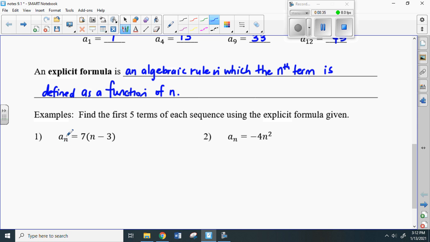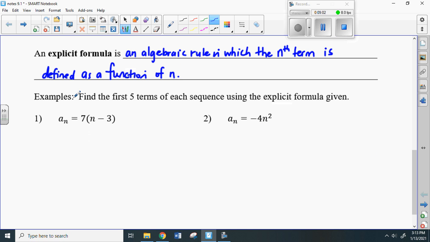And look, it's a function that has an n in it. Okay, so it's a function of n instead of perhaps a function of x like we had been doing. So a sub n is a way to notate the nth term. And then when there's an n in it, that's just a function that you can use to find any term you want. All right, so let me show you what you're going to do with it.